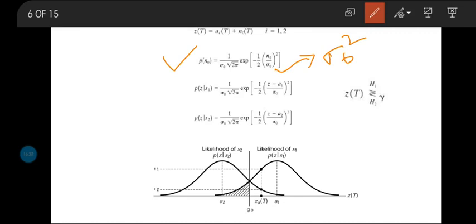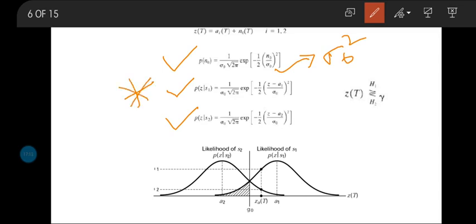Now we will find the conditional probabilities for transmitted symbols S1, S2 and so on. We represent these conditional probability density functions as p(z|S1) and p(z|S2). The rightmost conditional PDF, p(z|S1), is called the likelihood of S1.